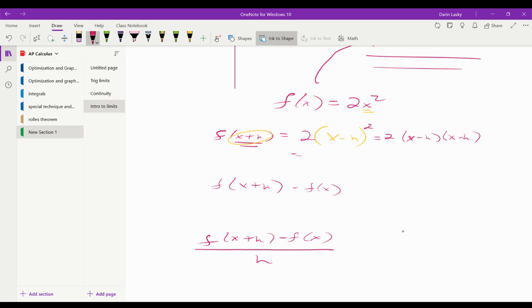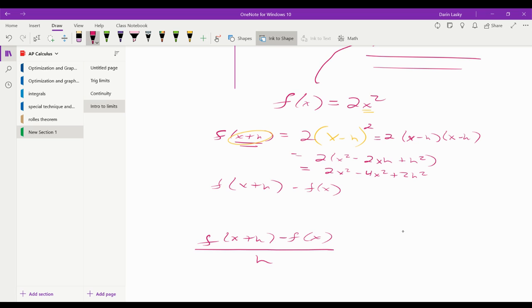So that's going to give me 2 times x squared plus 2xh plus h squared, which finally gives me 2x squared plus 4xh plus 2h squared. So really watch yourself right here, because this is where you can make a mistake. I may have made a mistake already. X squared plus, nope, good.